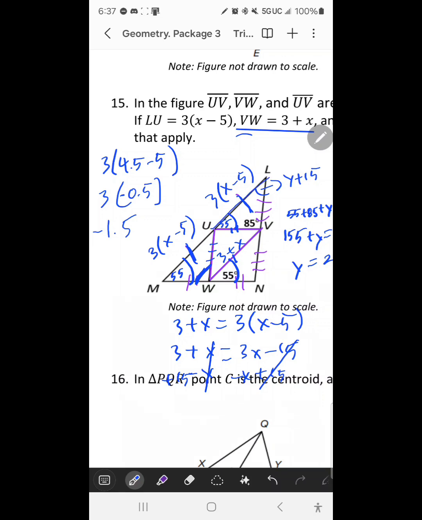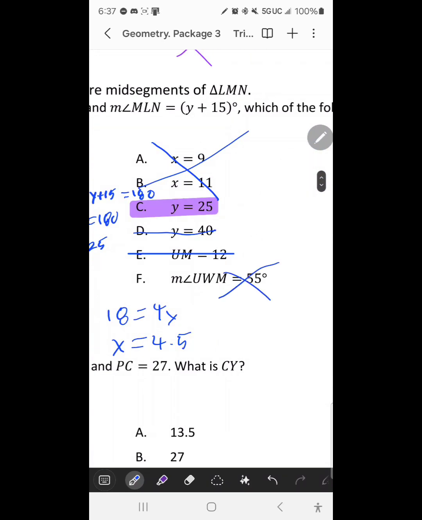I can say that this little triangle is congruent to this triangle, so this angle right here is congruent to this angle right here. So it's going to be 85. And now we can go into this triangle. This angle is going to be congruent to this angle, so this is also going to be 85. So this is wrong.